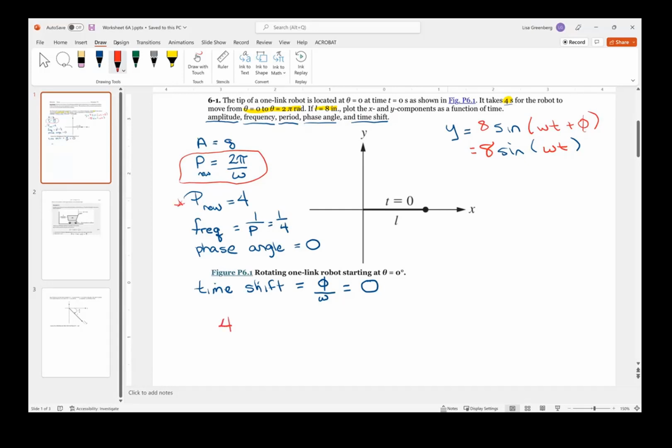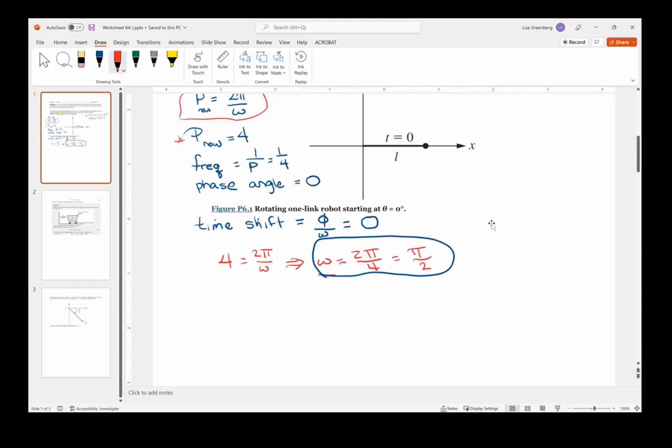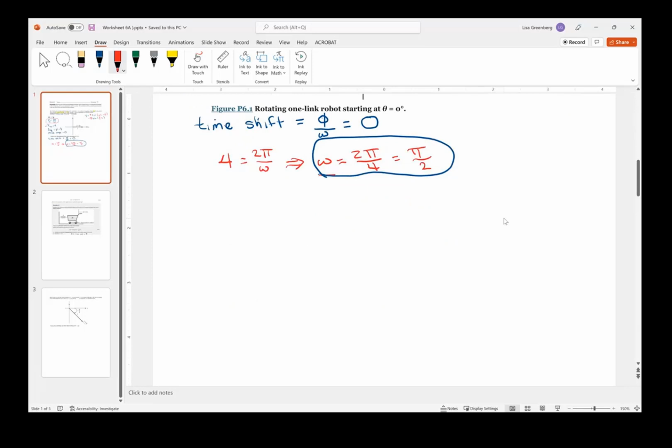So 4 is equal to 2 pi over omega, which means omega is equal to 2 pi over 4, which is equal to pi over 2. So now my function is 8 sine of pi over 2 t. Now I think we got everything, a function of time, so now we're going to graph it.